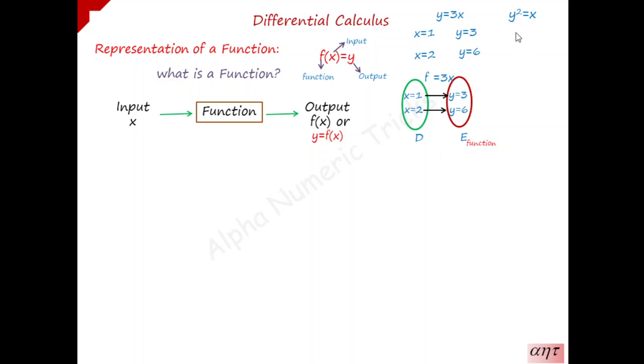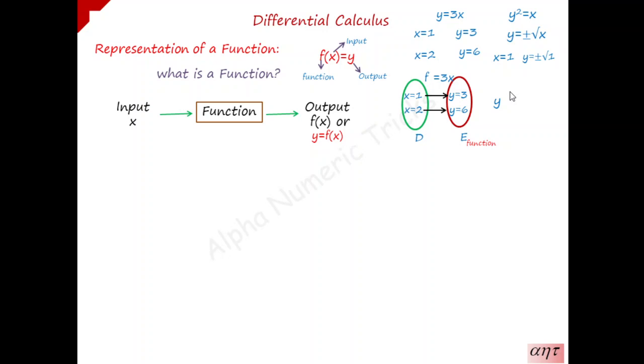Consider this term y squared is equal to x. It can be written as y is equal to plus or minus square root of x, because taking the square root we get y is equal to plus or minus root x. Suppose you give x is equal to 1. Then y will be equal to plus or minus root 1.